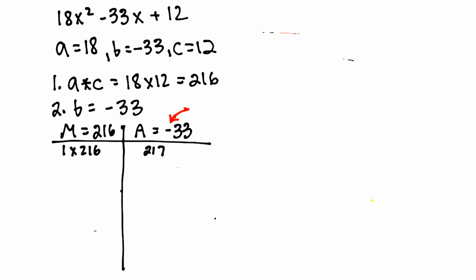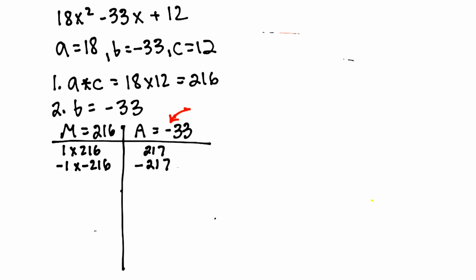And notice that's a positive number, but our b is actually negative. So because our b is negative and our multiplication that we need is positive, we know that both of our factors have to be negative. That's the only way they'll multiply to a positive number and add to a negative. So this will limit the number of choices we have.